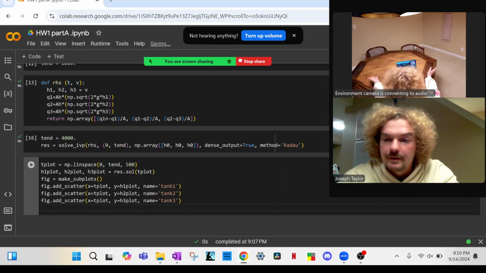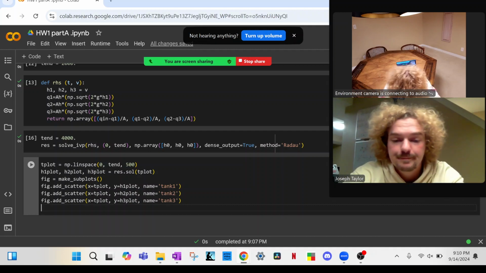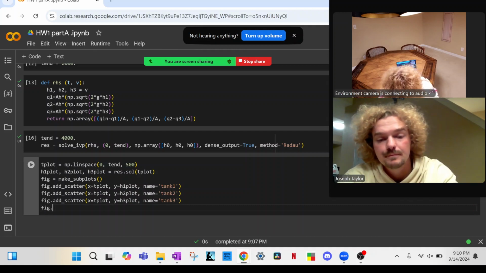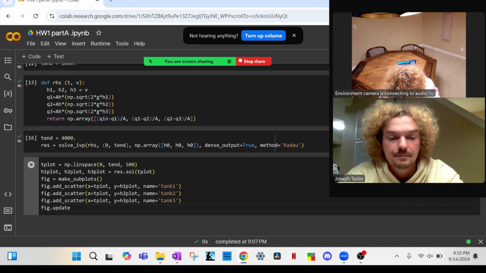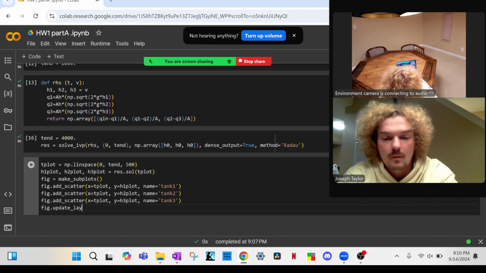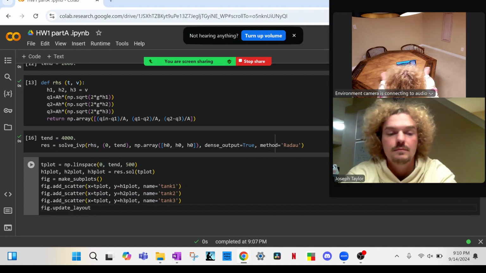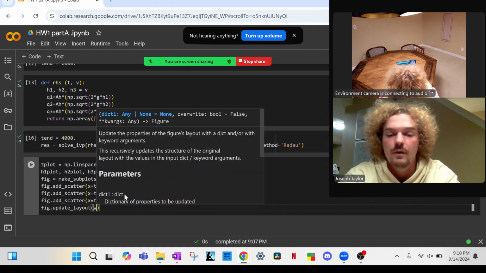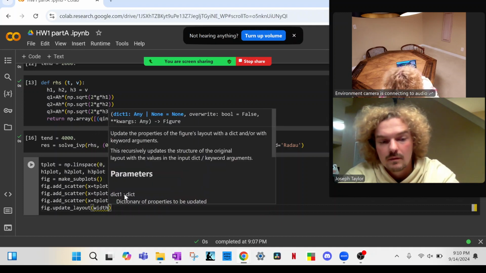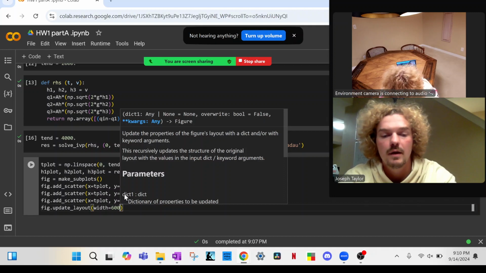And now we're just going to tell our plot what to look like. So for the width, we're going to set that as 600.